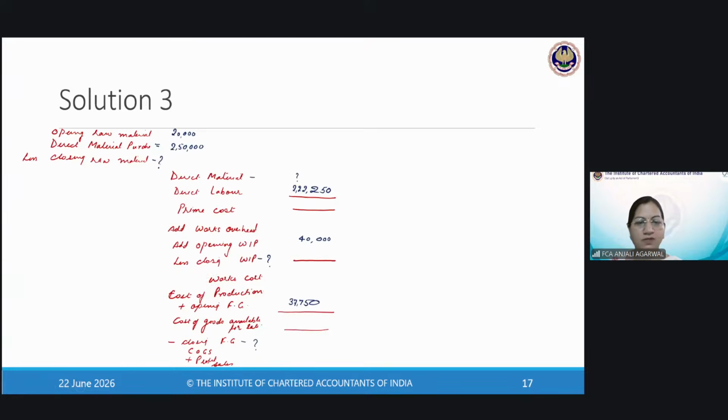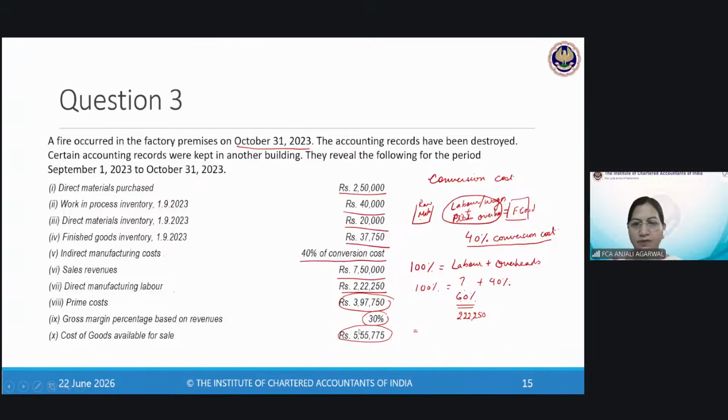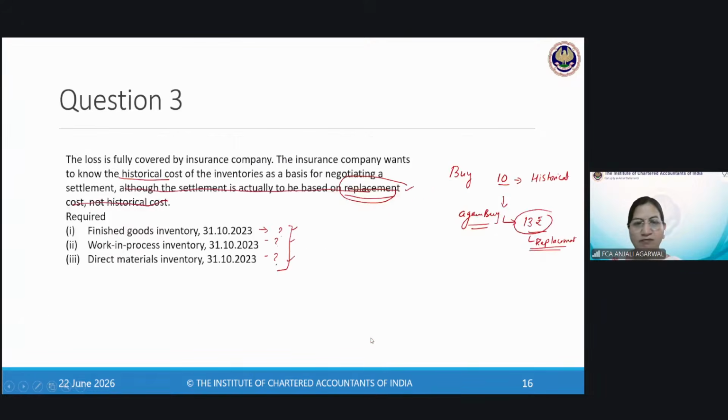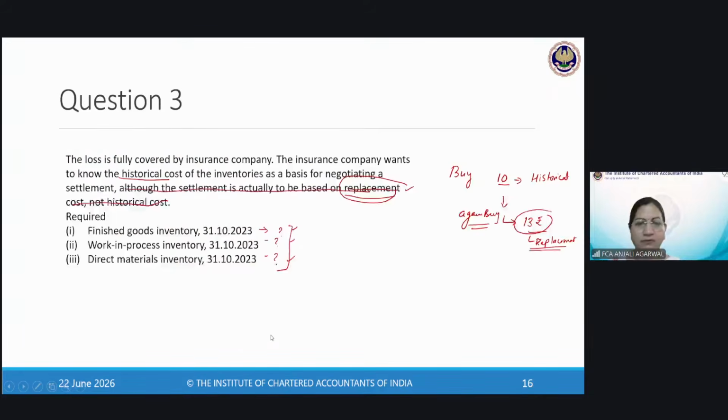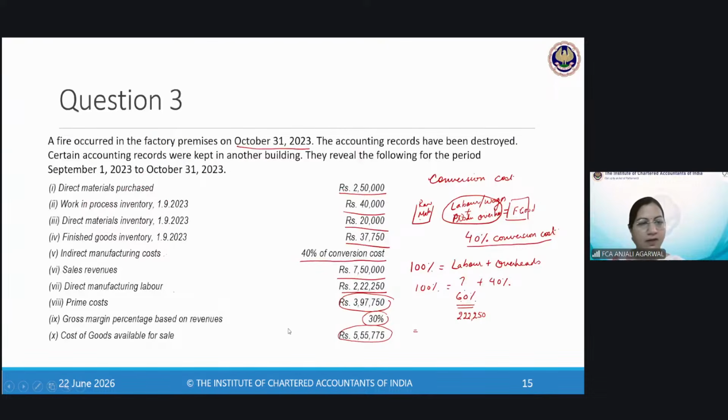And we also have the cost of goods available for sale, 555,775. Closing finished goods, we definitely don't have. But we have the sales revenue, 7,50,000. And we have the prime cost also, sorry, 397,750.